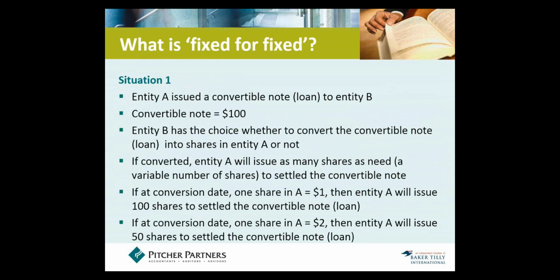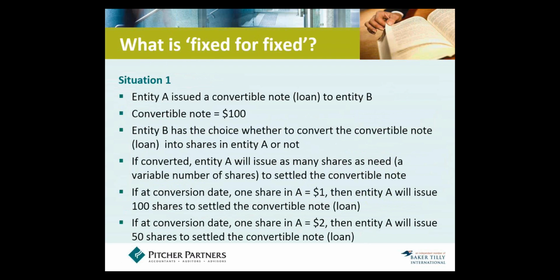If at conversion date one share in A equals $1, then entity A will issue 100 shares to settle this convertible note or loan. However, if at conversion date one share in A equals $2, then entity A will issue 50 shares to settle the convertible note or loan.